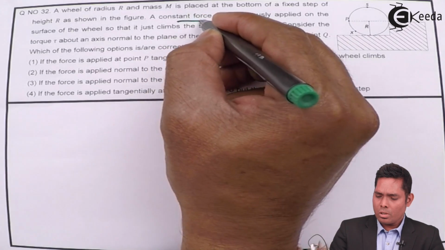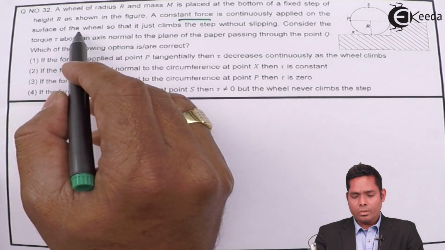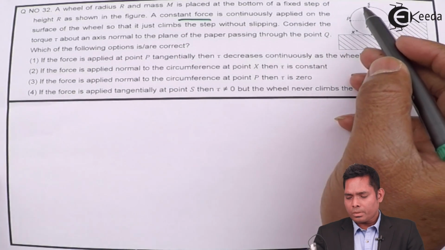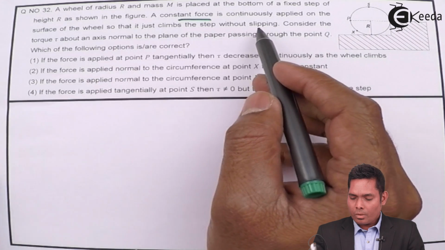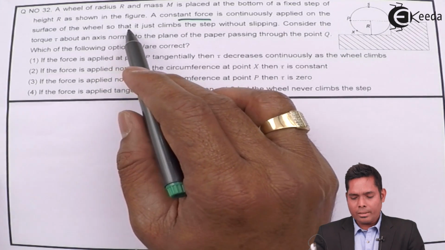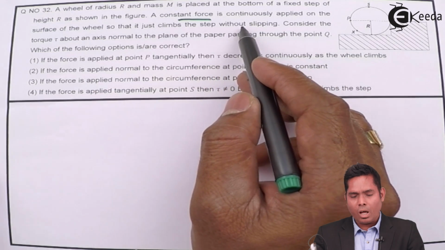A constant force is continuously applied on the surface of the wheel. Where it is applied is not given. It is applied so that the wheel just climbs the step without slipping.